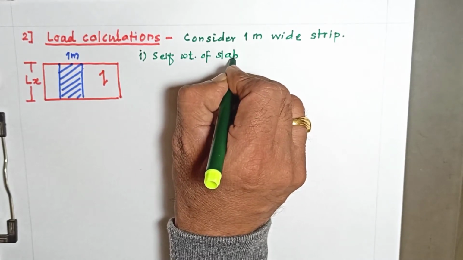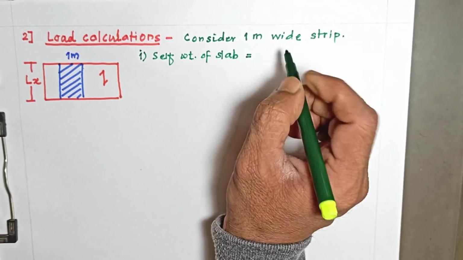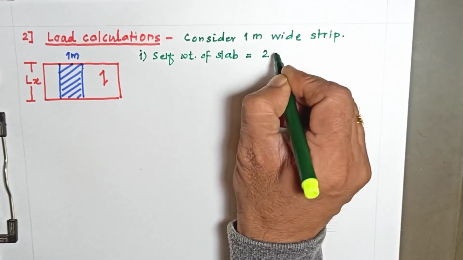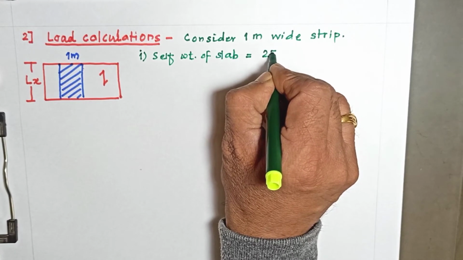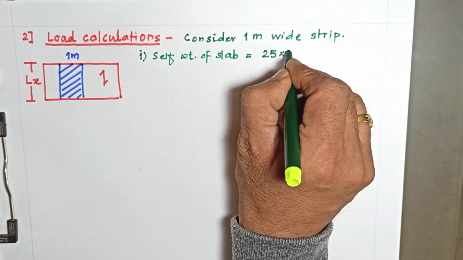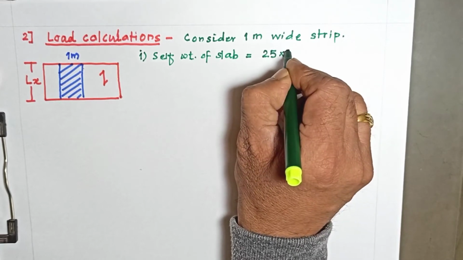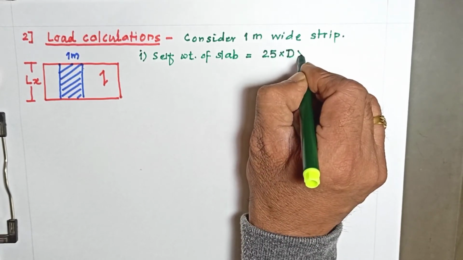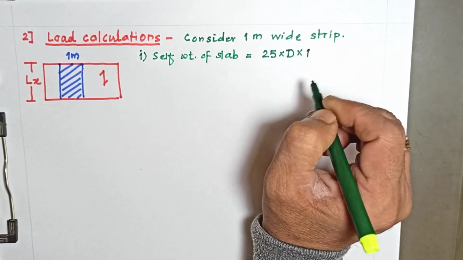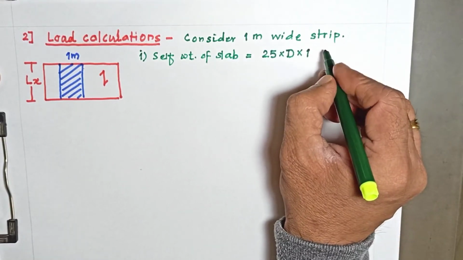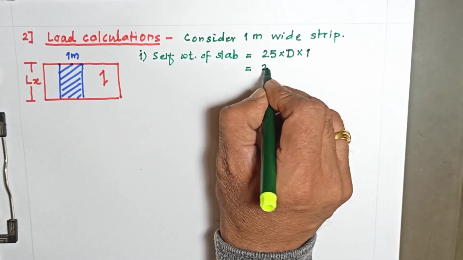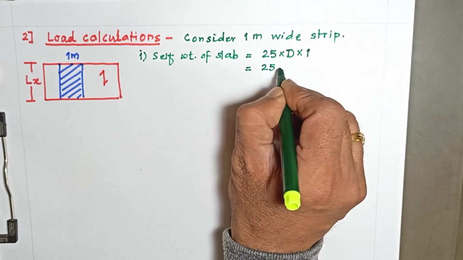Self weight of slab will be unit weight of concrete, that is 25 kilonewton per meter cube, into overall depth D in meter, into 1 meter wide strip, that is 1, and hence this value will be 25 into D in meter.